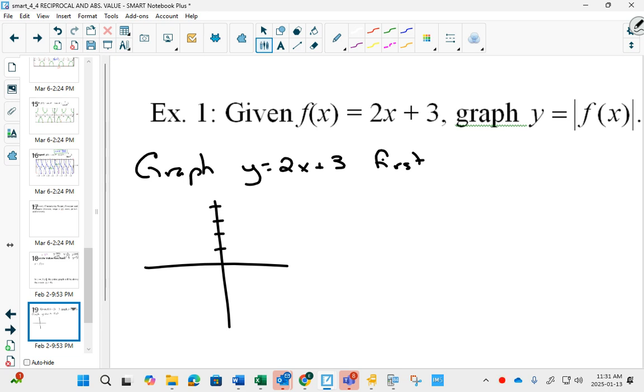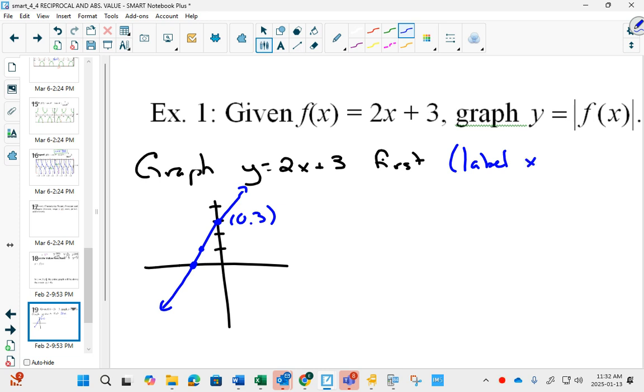So I have a y-intercept at 3, a slope of 2 up 2 over 1. I'm going to label my y-intercept. I'm also going to label my x-intercept.